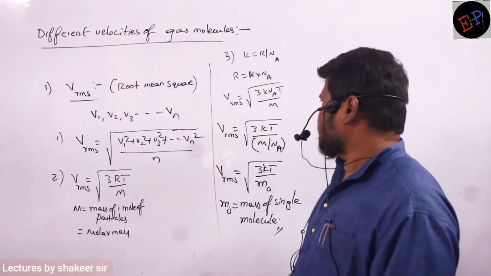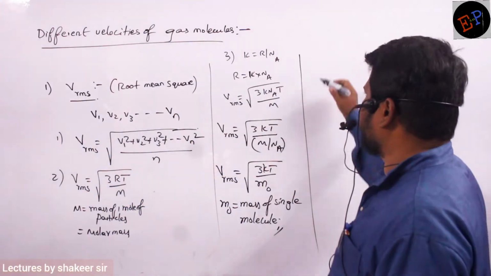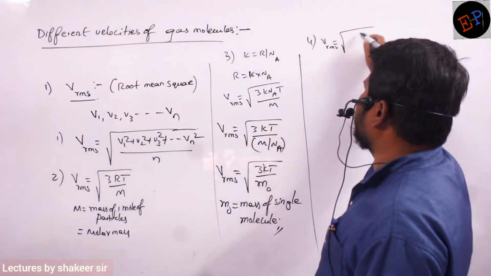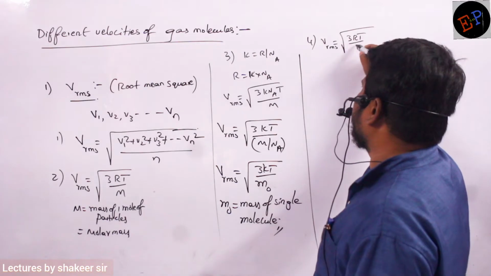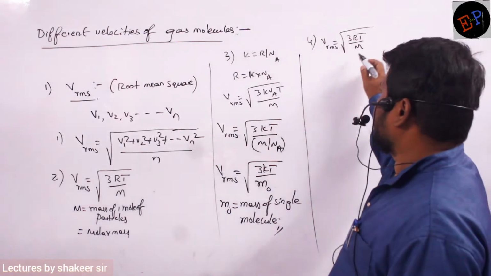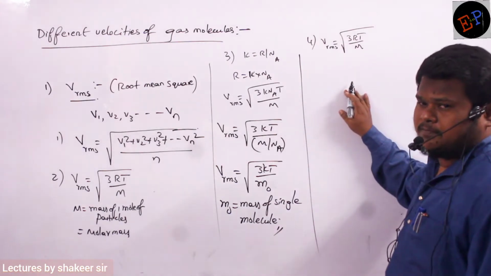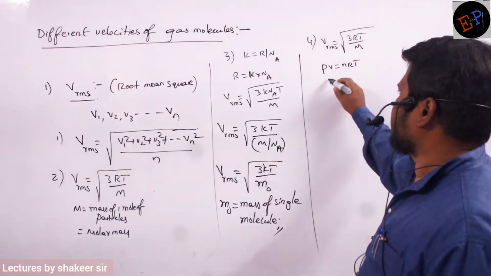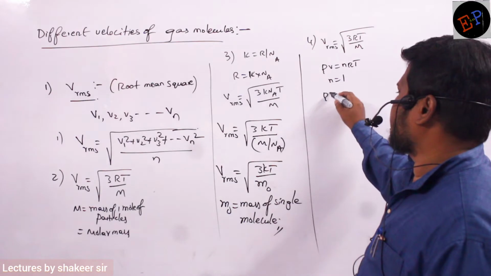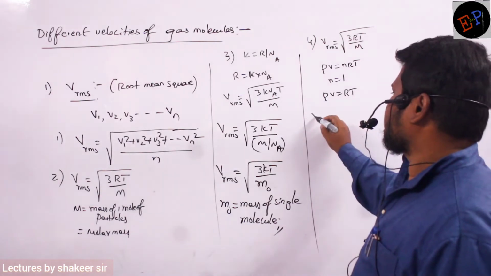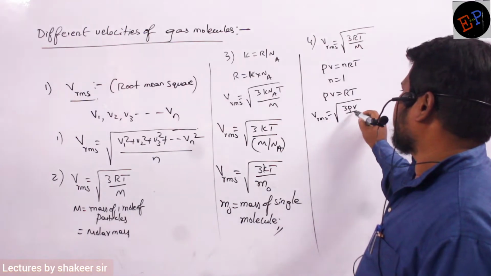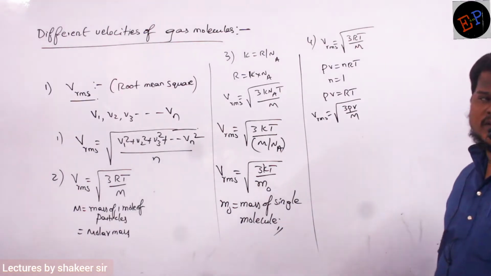Let us see one more equation, the fourth equation. Vrms can be written as the square root of 3RT divided by M, where M is the mass of one mole. I will write the ideal gas equation, PV is equal to nRT. If the number of moles is taken as 1, then PV is equal to RT. Therefore Vrms can be written as the square root of 3PV divided by capital M. This is one more equation.